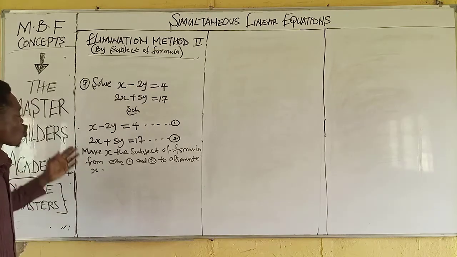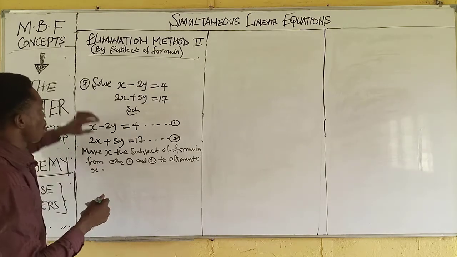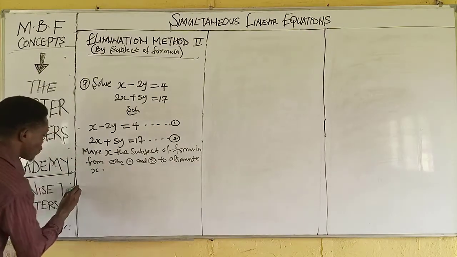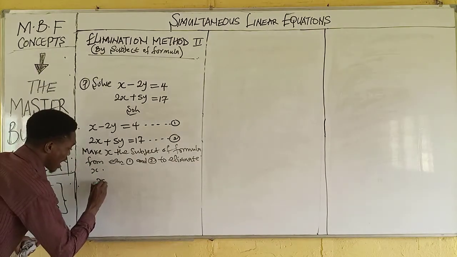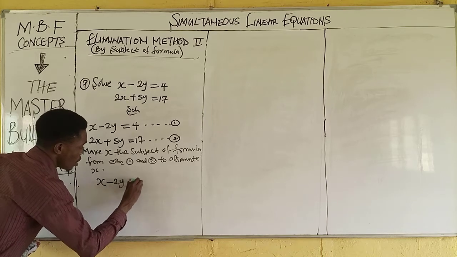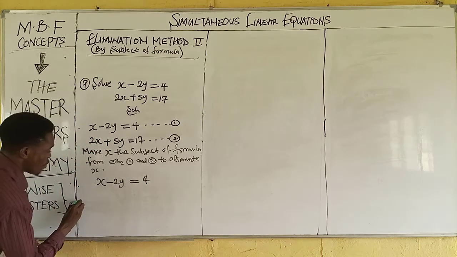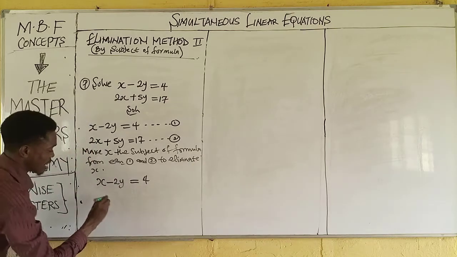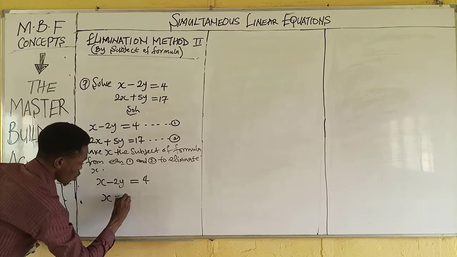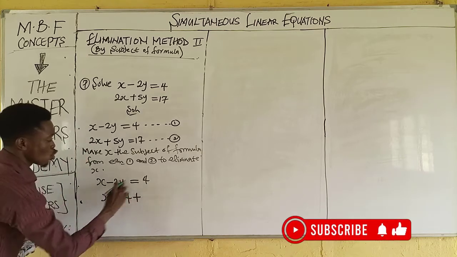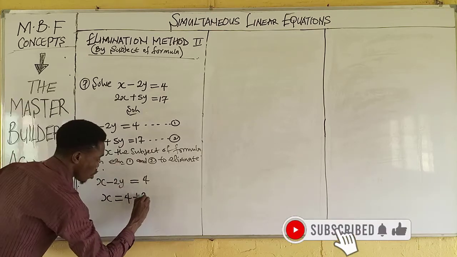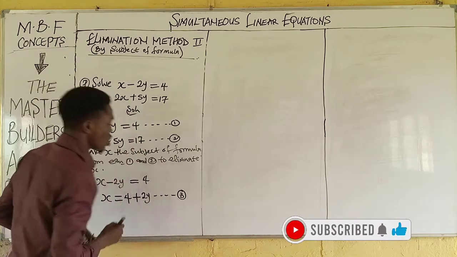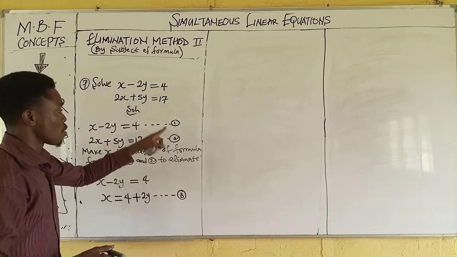So you see that to be able to eliminate x, all you need to do is make x the subject of formula from both given equations. Now we will start from equation 1. Equation 1, we have x minus 2y is equal to 4. To make x the subject, all we simply do is to take minus 2y to the right hand side. We therefore have x is equal to 4 plus 2y, because when minus 2y crosses from left to right, it becomes plus 2y. This gives us equation 3. We have just deduced equation 3 from equation 1.